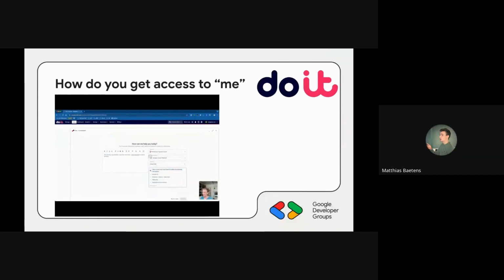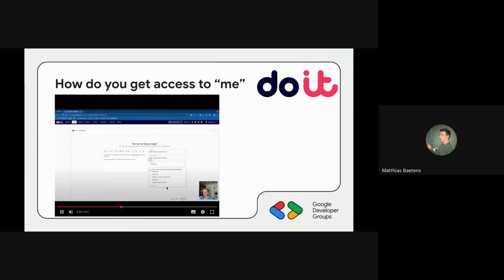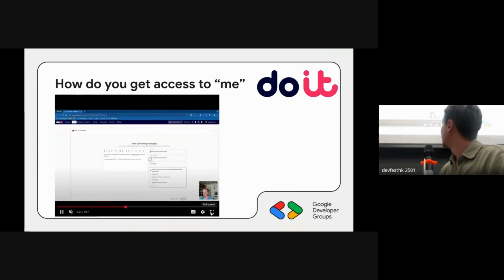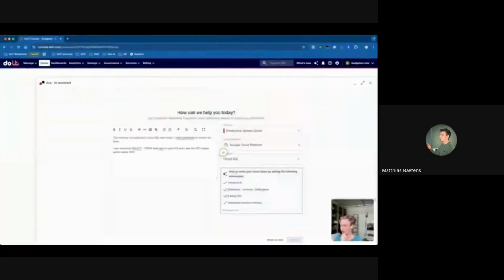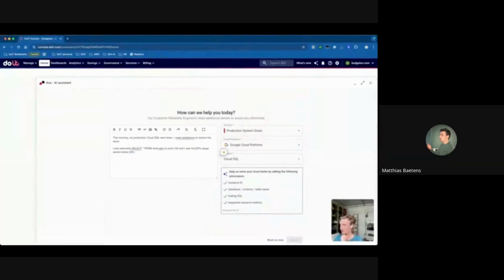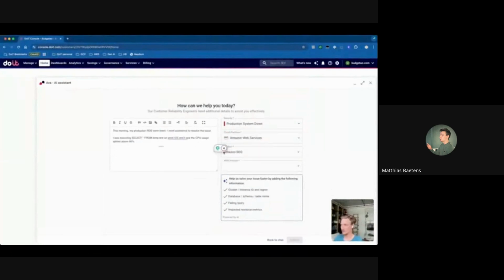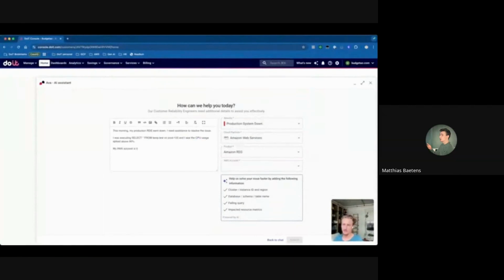So instead of having to fill out this whole form, we let them just describe their issue and then we do inference on what the severity is, what you're talking about, what the platform is. We also ask them some follow-up questions like, okay, my database is talking about what query were you trying to do, what project it is, where the database is located.